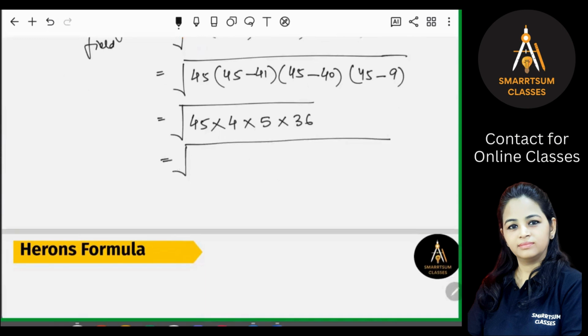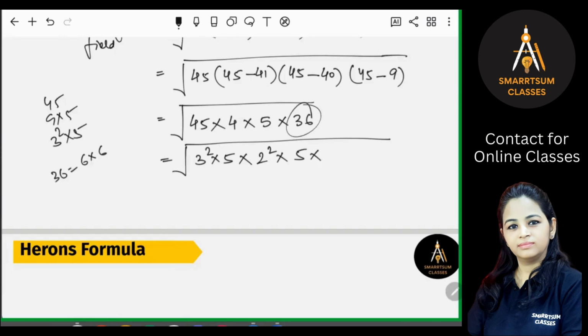So we will write each and every number as a product of prime factors. 45 can be written as 9 into 5, and 9 is 3 square, so 3 square into 5. 4 can be written as 2 square, into 5, into 36. 36 is the square of 6, meaning 6 into 6, and 6 is 2 into 3, so we can write it as 2 square into 3 square.